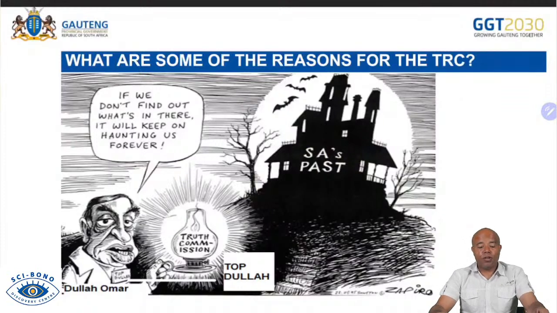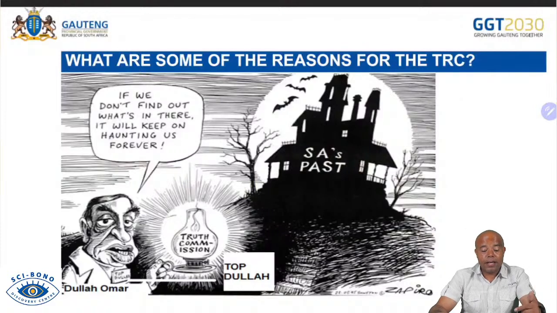We see there's a visual source, and basically we see that now the Dalai Lama, he is the person there, and he's talking and he's saying, if we don't find out what's in there, it will keep on haunting us as a country. So now we can clearly see, he says, if we don't find out what's in the house, he's talking about the house, it will keep on haunting us forever.